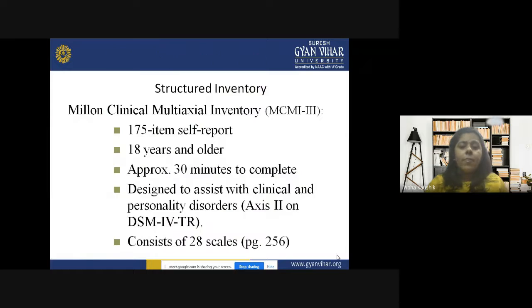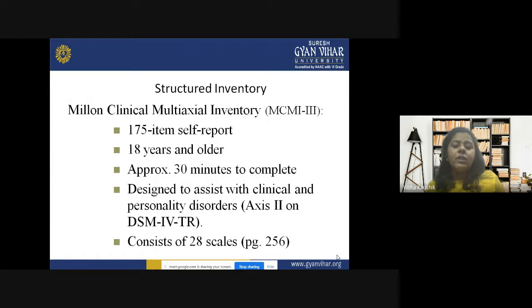Now, structured inventory, Millon Clinical Multiaxial Inventory, MCMI-III. 175-item self-report means this test contains 175 test items. 18 years and older, and the age for which this test was developed was 18 years and older. Approximately 30 minutes to complete, means to complete that test, one needed approximately 30 minutes.